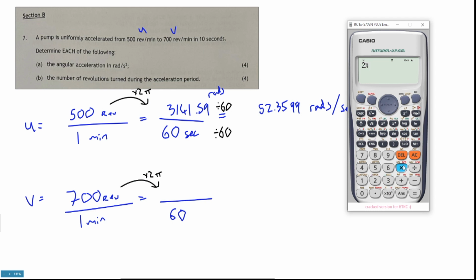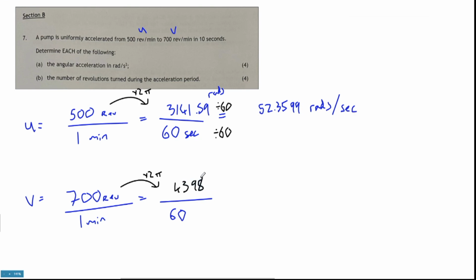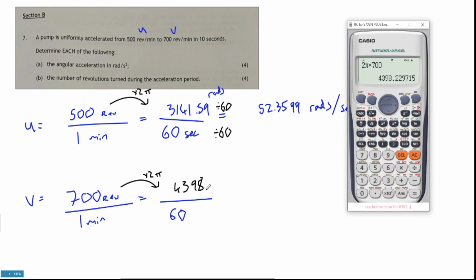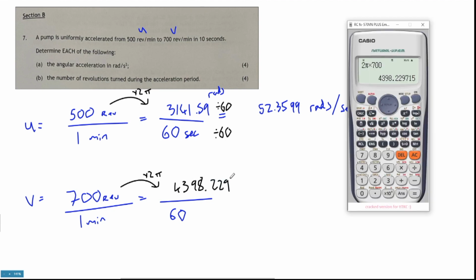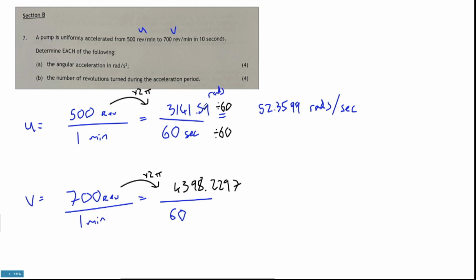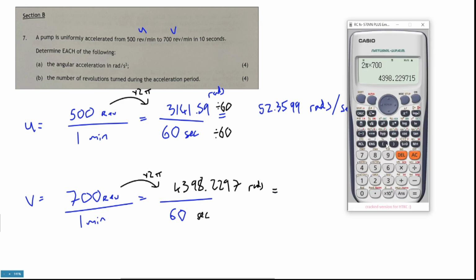So 2 pi times 700 gives 4398.229. This is radians in 60 seconds. Then we can divide by 60 again to turn that into 1 second, because this is how many radians we do in 60 seconds, and we just want 1, so we divide by 60.